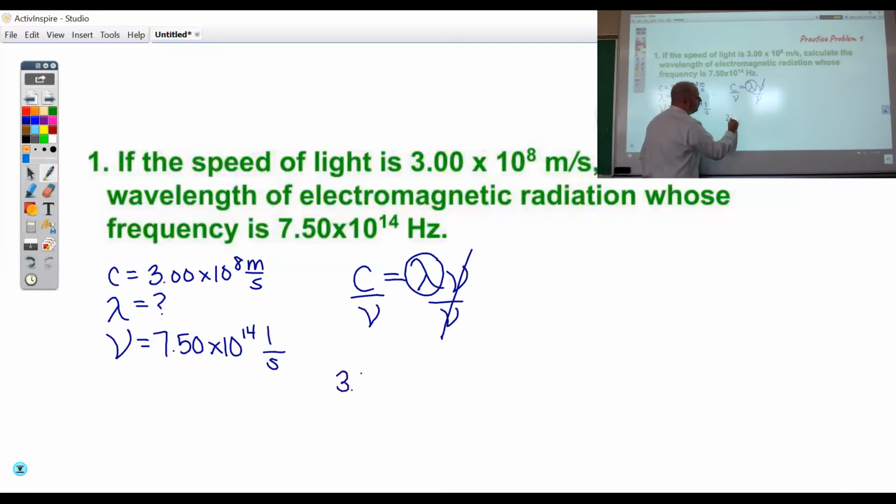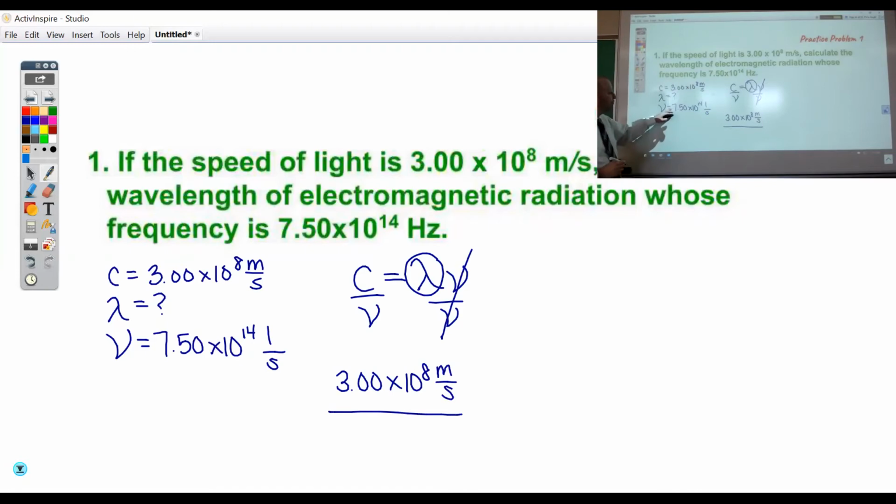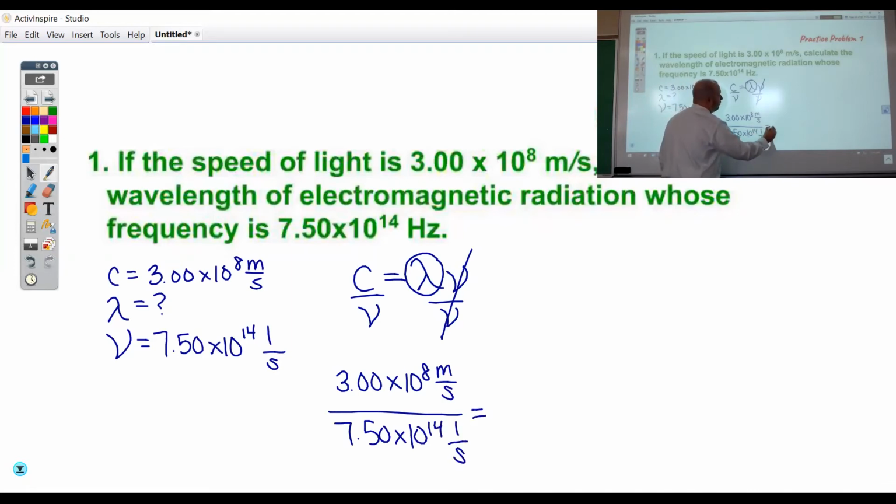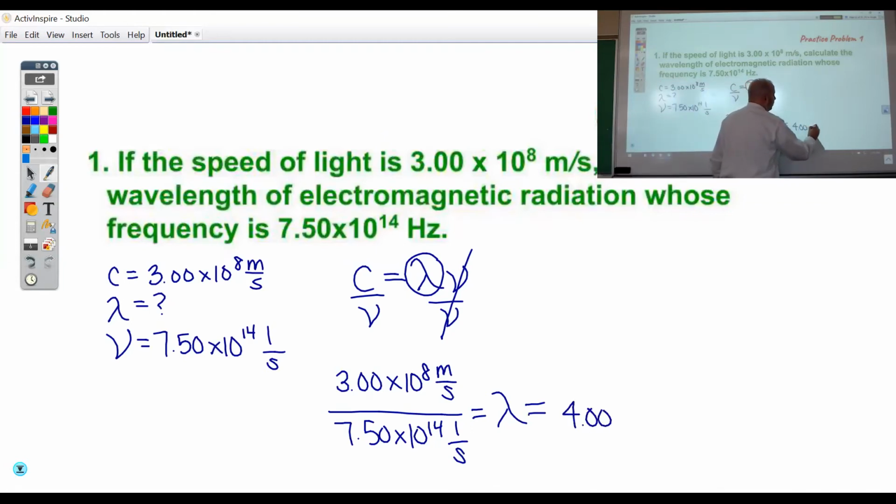I have 3.00 times 10 to the 8th meters per second divided by frequency, 7.50 times 10 to the 14th 1 over seconds. Typing this into my calculator, I will get an answer of 4.00 times 10 to the negative 7th meters.